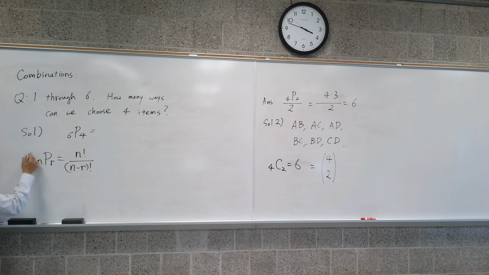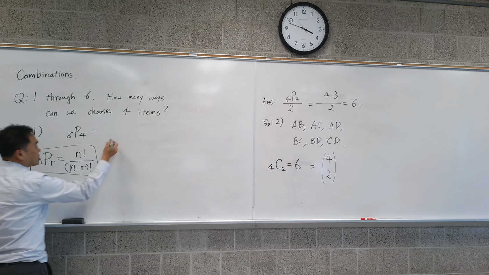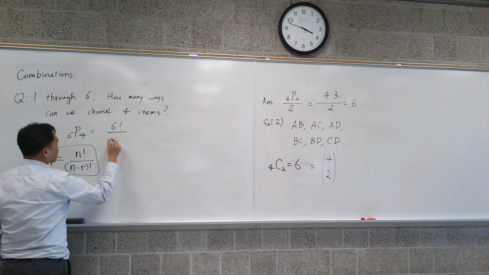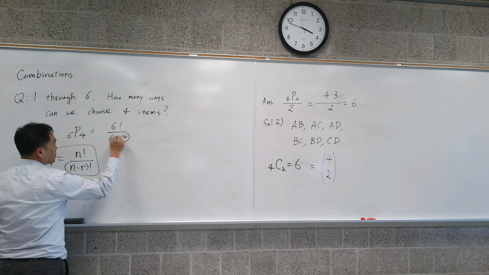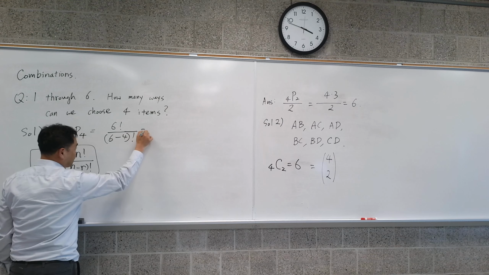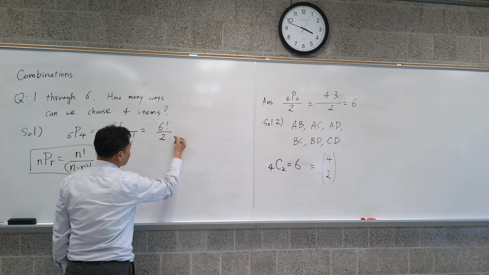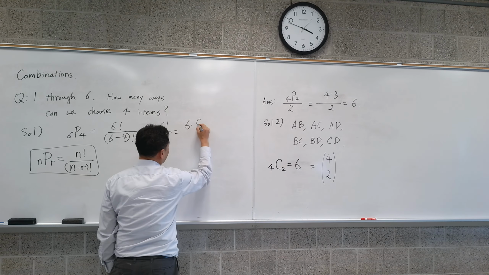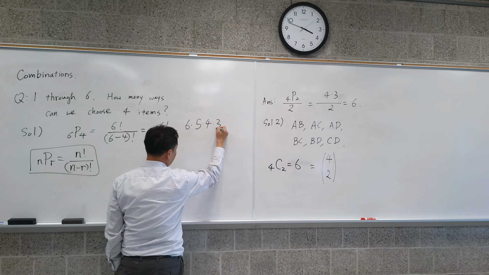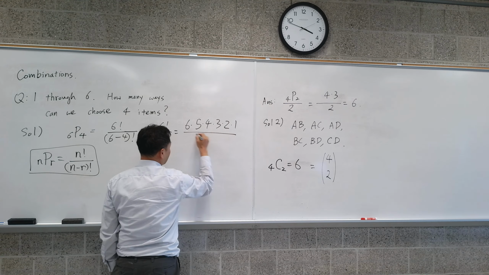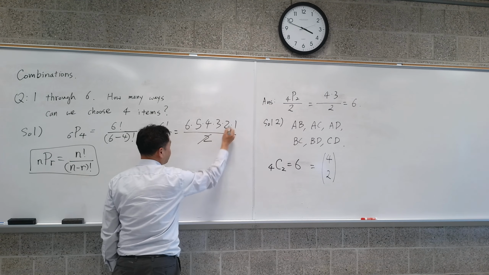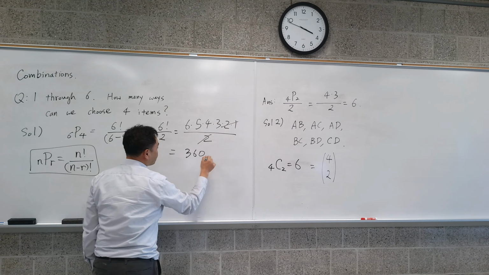So if you apply this formula over here, this is going to be 6 factorial over 6 minus 4 factorial. So that's going to be 6 factorial over 2. Let's see, 6, 5, 4, 3, 2, 1 divided by 2. And that's going to give me, what, 30 and then 12, 360.